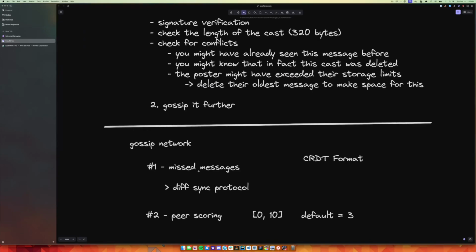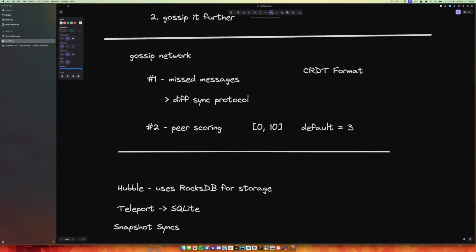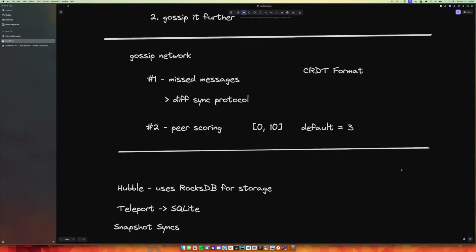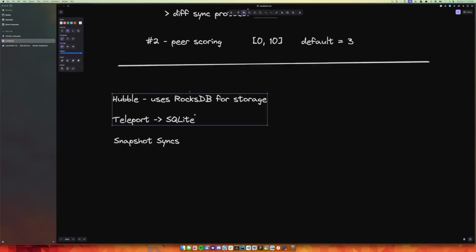Whereas scoring and diff syncs are slightly lower level, under the hood types of messages that the gossip network uses to keep everything nice and clean. So this is just context on the different types of messages you might need to handle. I mentioned the RocksDB and SQLite choice, so we'll get to snapshot syncs in just a second.